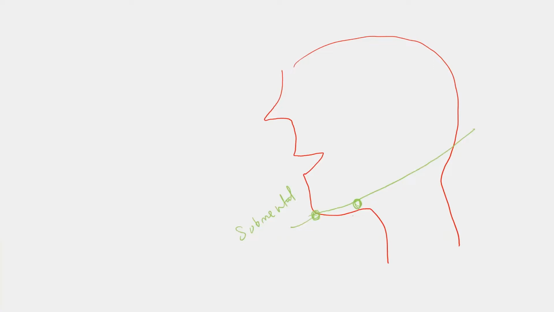Then related to the submandibular gland, you have the submandibular group of lymph nodes. Then in this area, related to the parotid gland, you have the parotid lymph nodes, so the pre-auricular. So you have the ear like this.